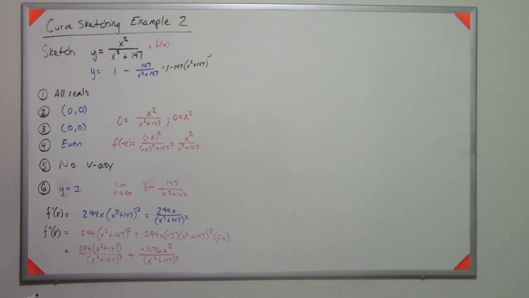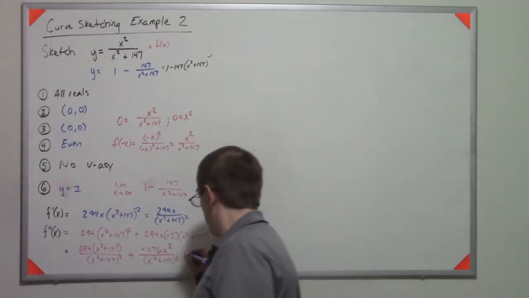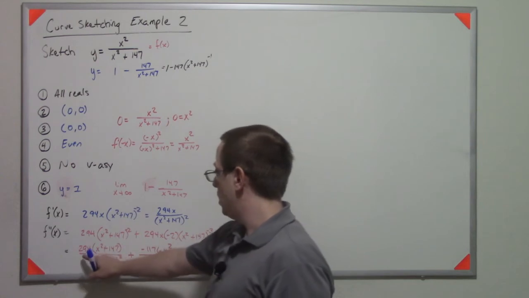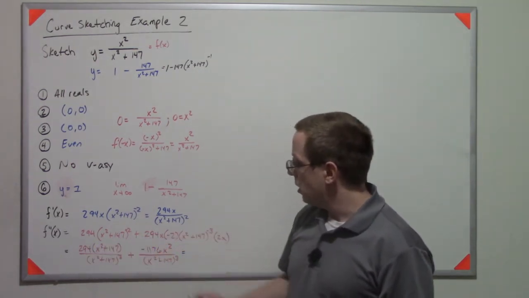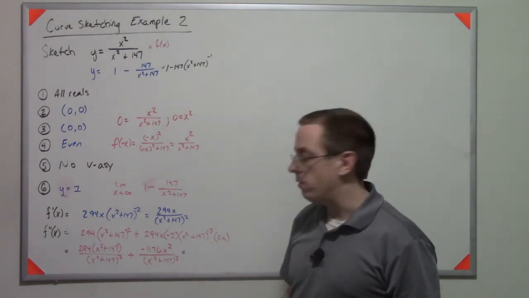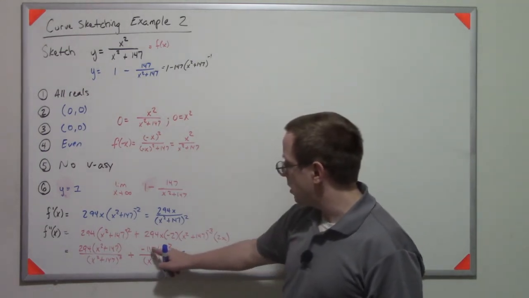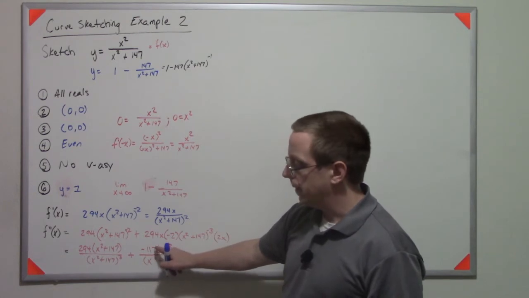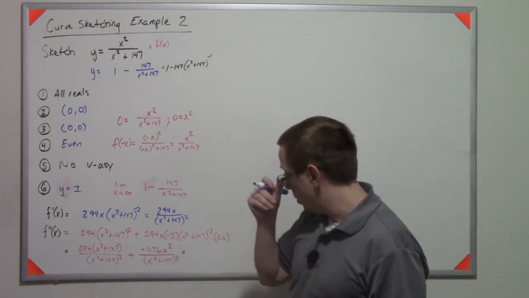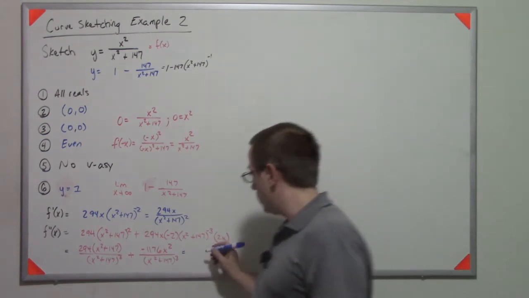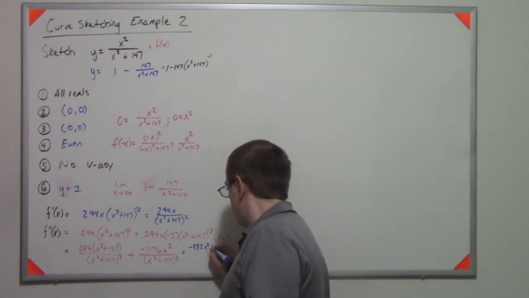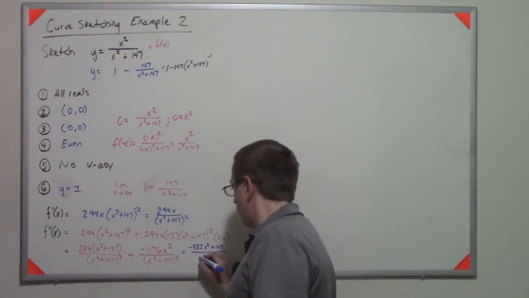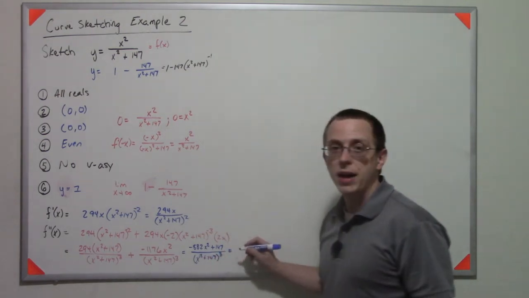So then when you simplify this, these are not going to cancel, but that'll subtract out. So that 294 comes out of 1176, so that's 882. So that's going to be negative 882 (x squared plus 147) over (x squared plus 147) cubed, which we can factor out even more.